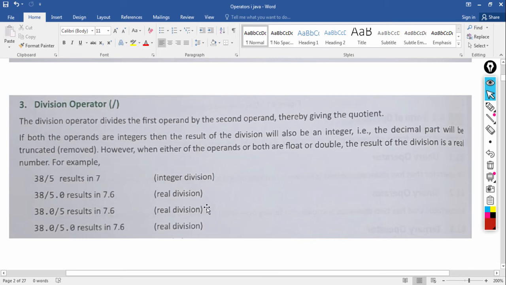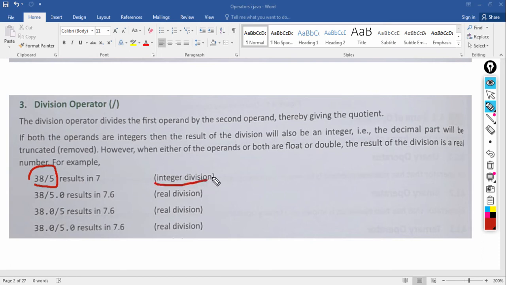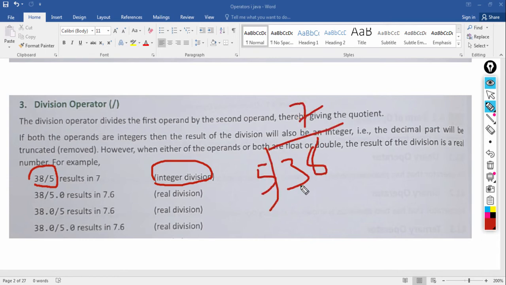And one more important point. See, 38 divided by 5. This is known as integer division. Because when you divide 38 by 5, 5 sevens is 35.